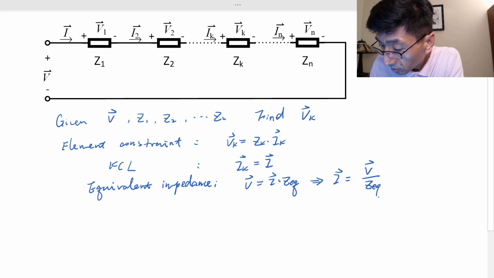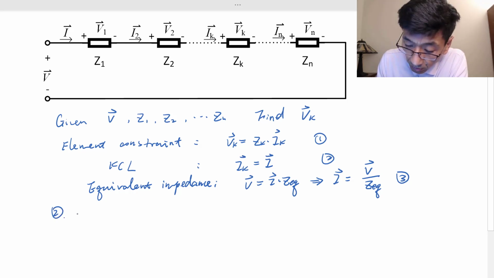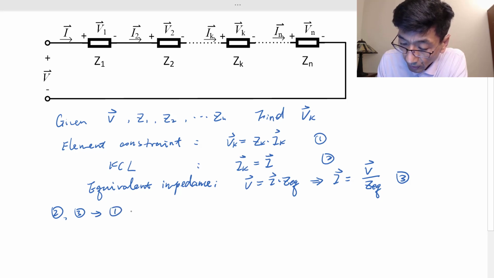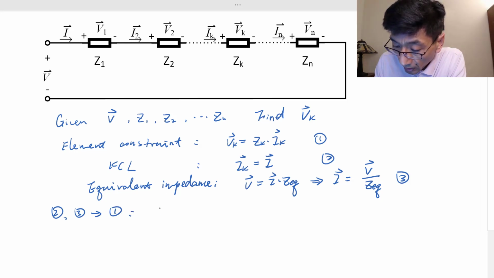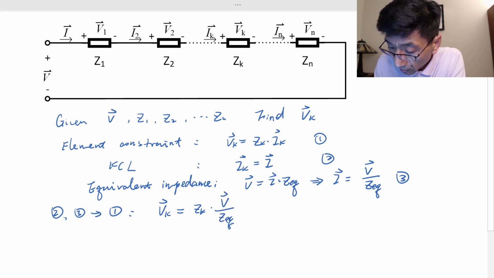So let's see, this is 1, this is 2, this is 3, and if we substitute 2 and 3 into 1, what do we get? We get V sub k equal to Z sub k times V over Z sub EQ, right?